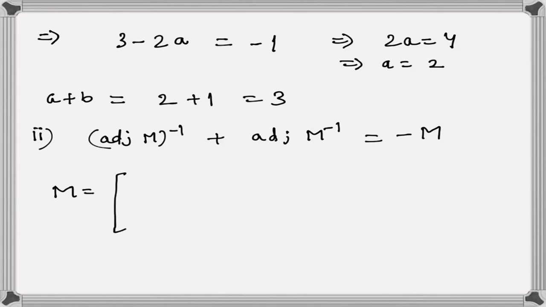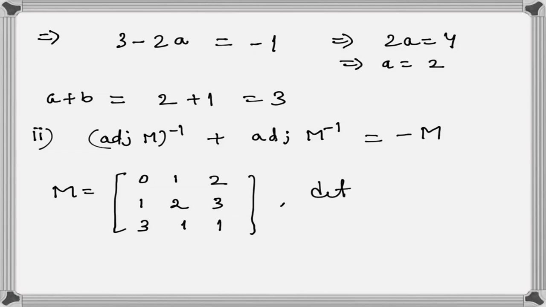M will be 0 1 2, 1 2 3, and 3 b 1, so b is 1: 3 1 1. Let's calculate.